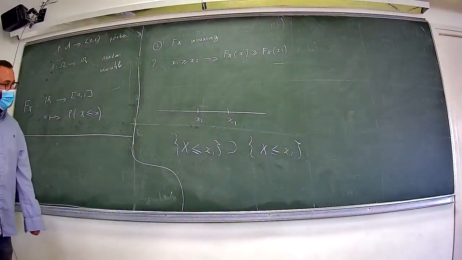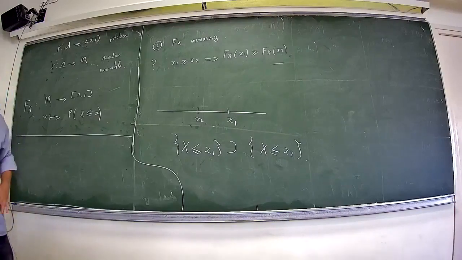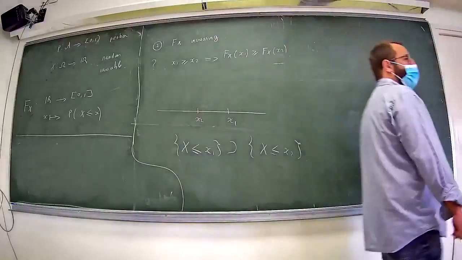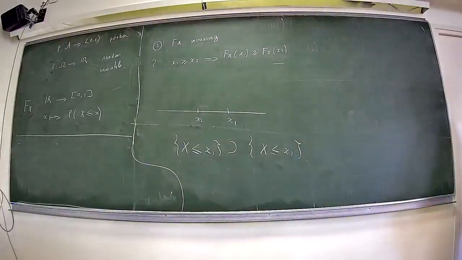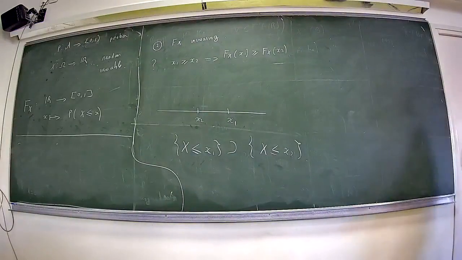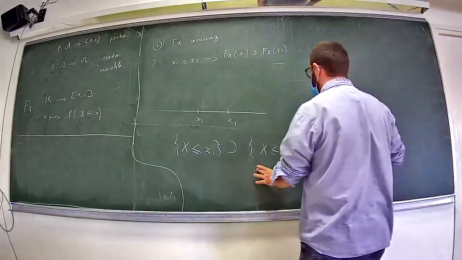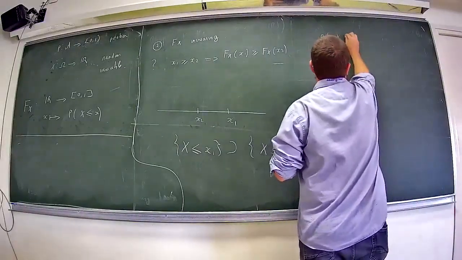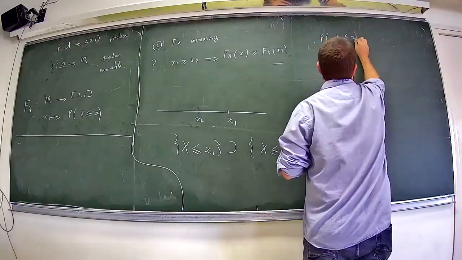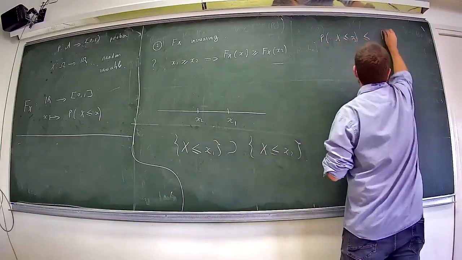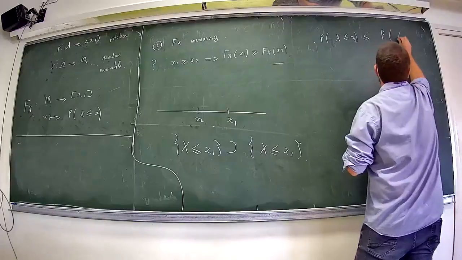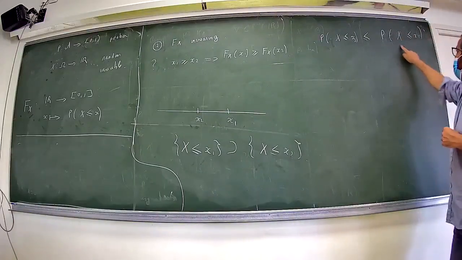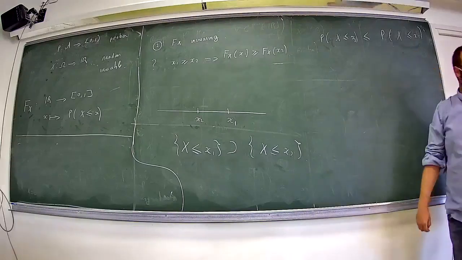And in fact, it's finished because what we have seen together in the first session is that if A is included in B, P of A is less than P of B. So from this inclusion, I am sure that the probability that X is less than x2 is smaller than the probability that X is less than x1, because this set is the biggest in the sense of inclusion.